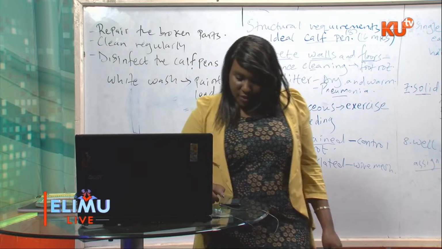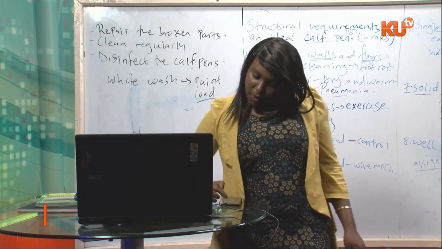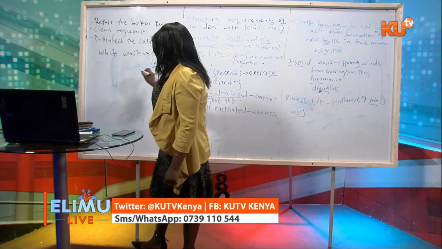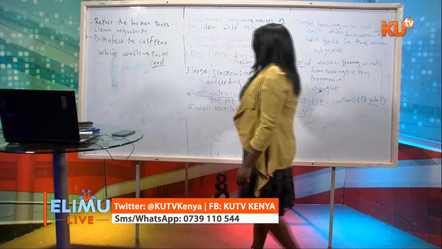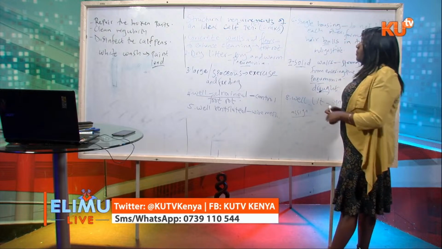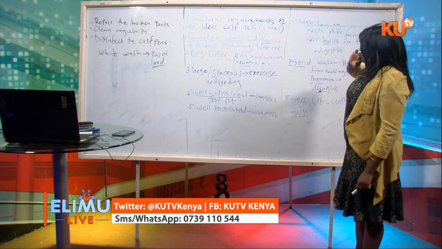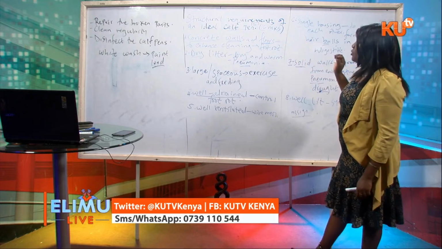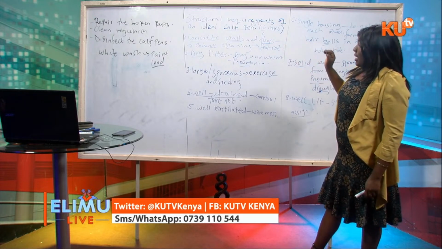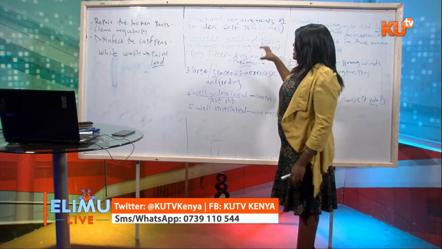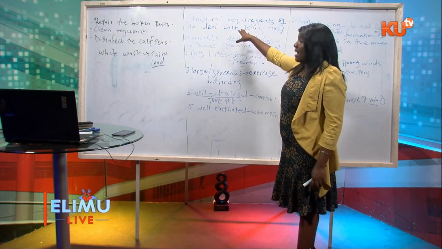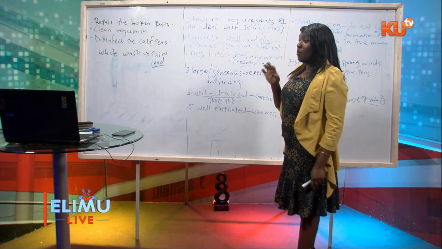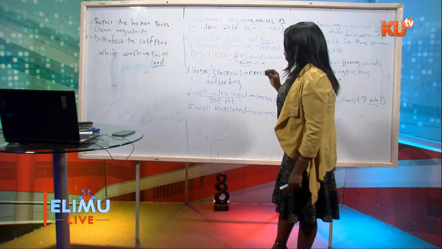There are so many questions. I'm very happy that you are really participating. But I would like to wind up this lesson by concluding that whatever we have learned today, the key thing that you need to master are the types of calf pens, which we say there are two main types, the mobile and the permanent ones.